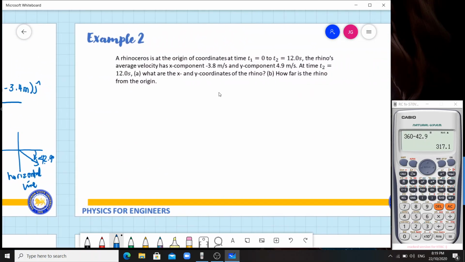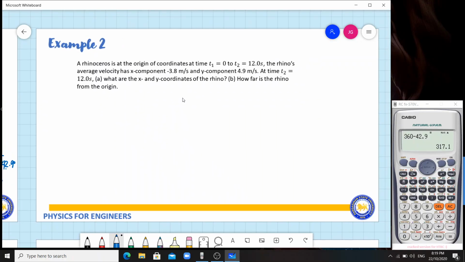A rhinoceros is at the origin of coordinates at time 0 to t2, 12 seconds. Okay? The rhino's average velocity has x component, ang average velocity daw ni rhino during that interval is negative 3.8 meters per second, and the y component is 4.9 meters per second.